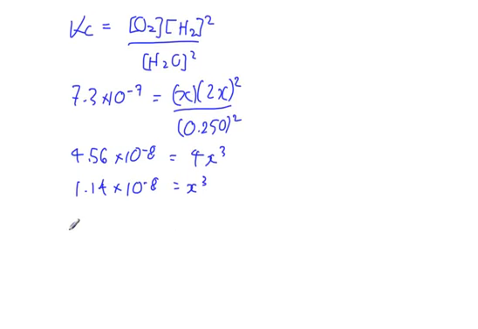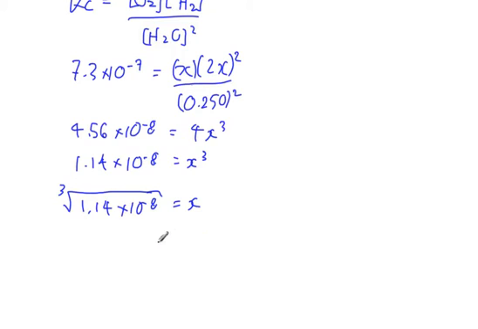So the cube root of that can be obtained through your calculator. That's not a very hard calculation. You should be able to handle that. And that actually equals 0.00225. And so there's our value of x.